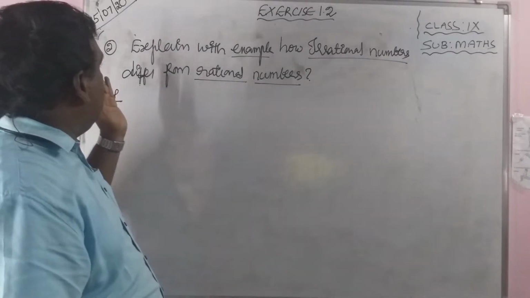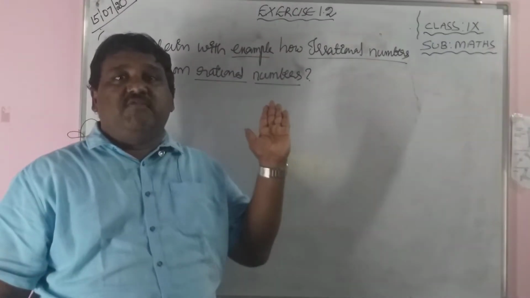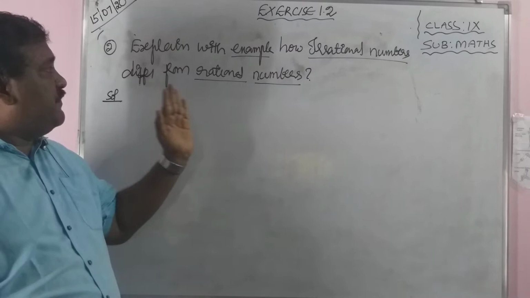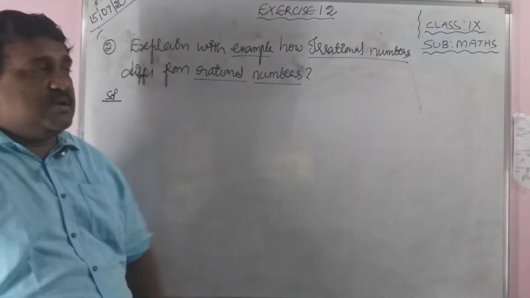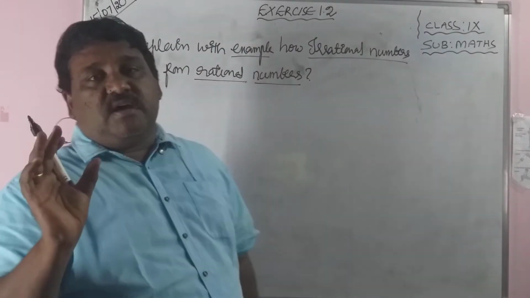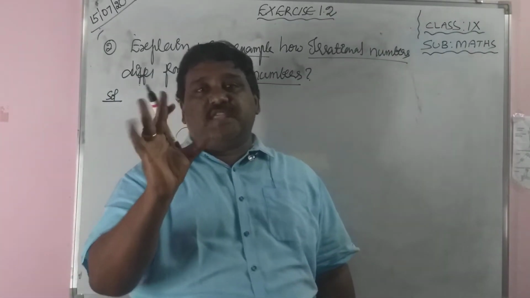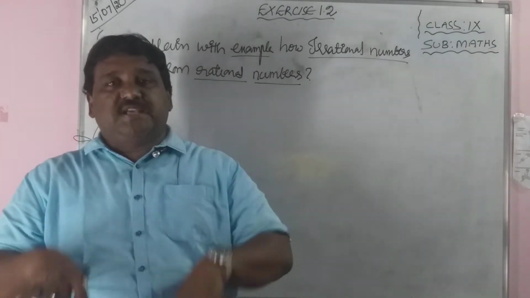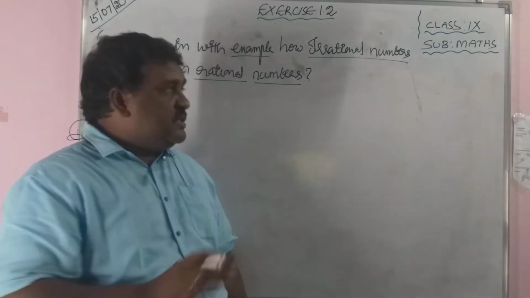Now write down problem number 2 neatly. That means write the definition of rational numbers with example, and write the definition of irrational numbers with example. There ends the problem. Simple meaning.